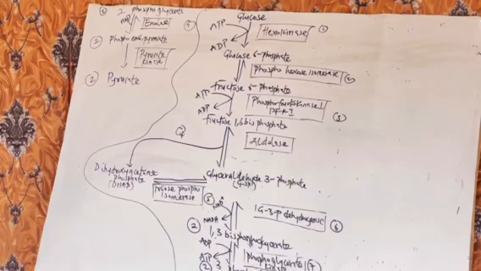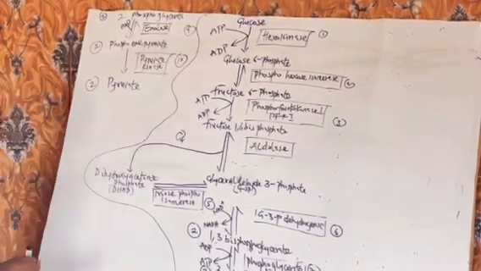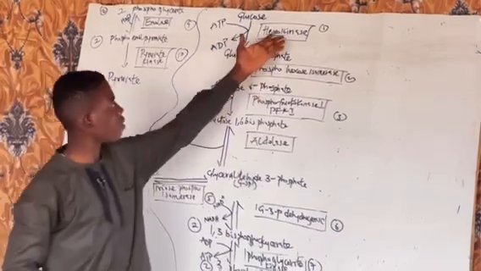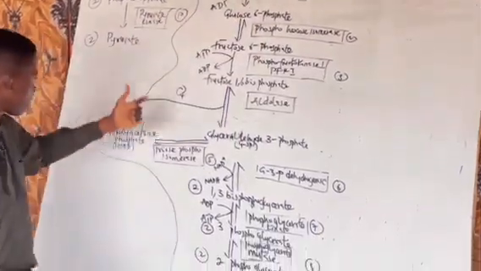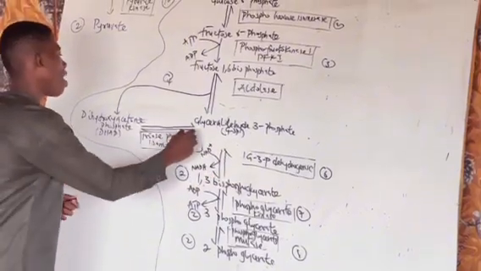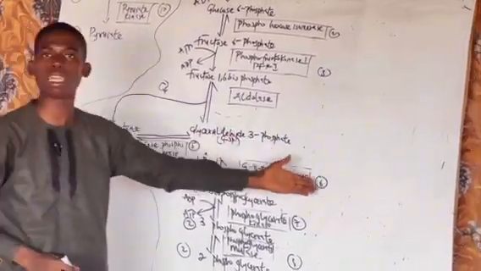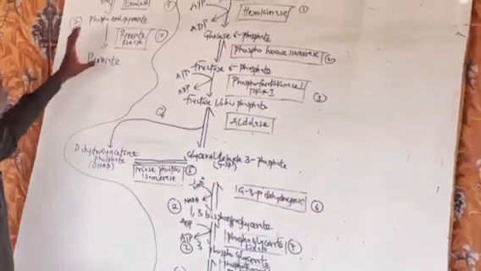Now you can see, look at this step 10. You can see the preparatory phase runs from step 1 to step 5, while the payoff phase runs from step 6 to step 10.